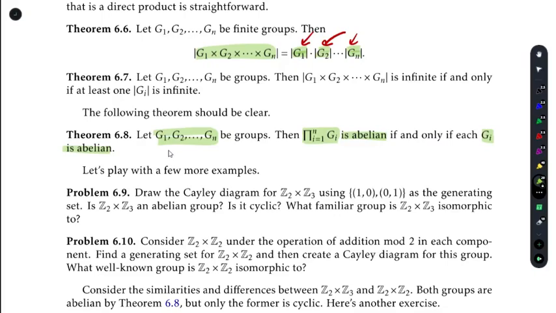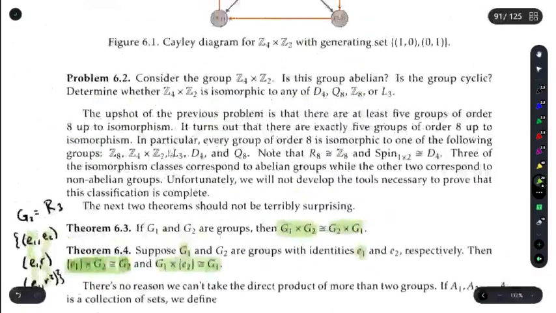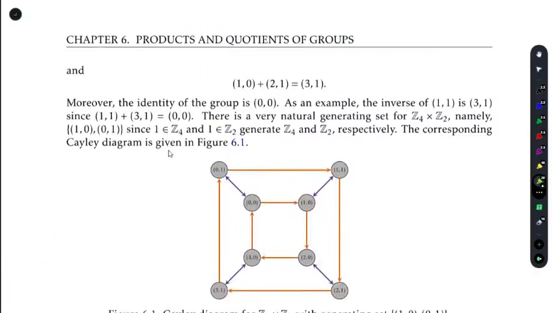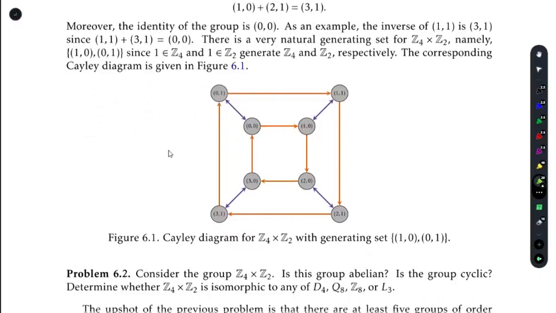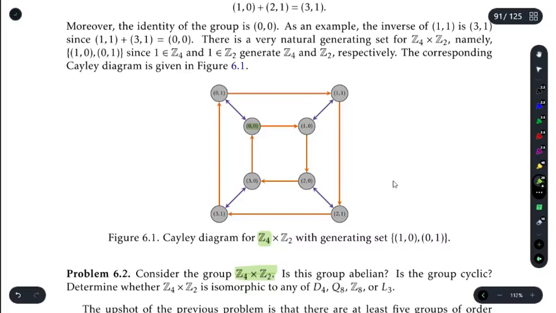Okay, so real quick, and then I'll ask you to pause. We had this one example Cayley diagram of Z4 cross Z2, and so you can see what each of those elements looks like. So we have the identity is (0,0), and then we have a whole bunch of other elements. The things in the first component come from Z4, so you'll find anything from 0, 1, 2, or 3.